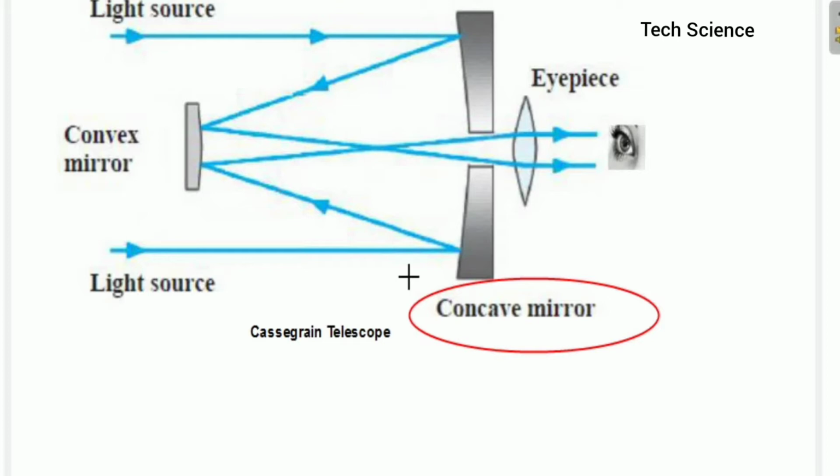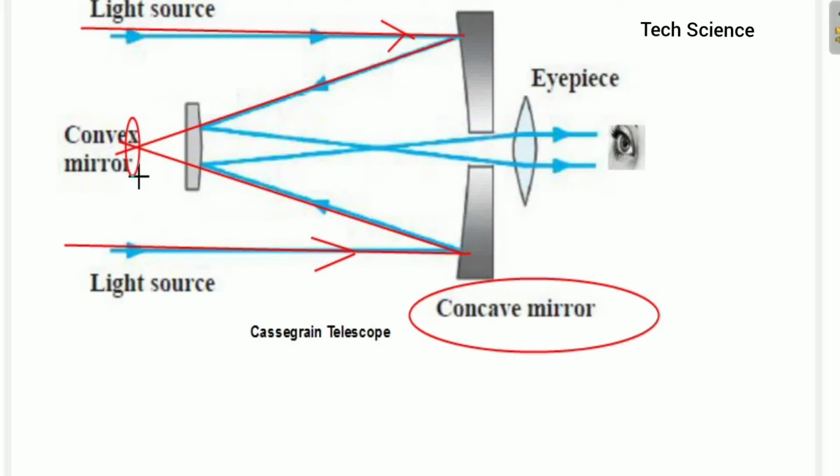This is the primary mirror. The incident light rays are parallel to the principal axis, and when they fall on this concave mirror, convergence occurs. The light rays are reflected back, and they meet at a point, and this point is called the focus.